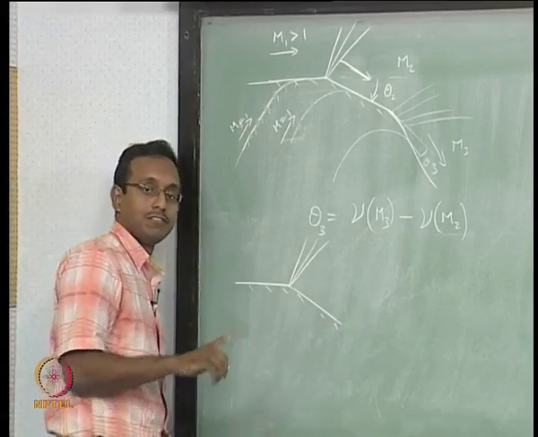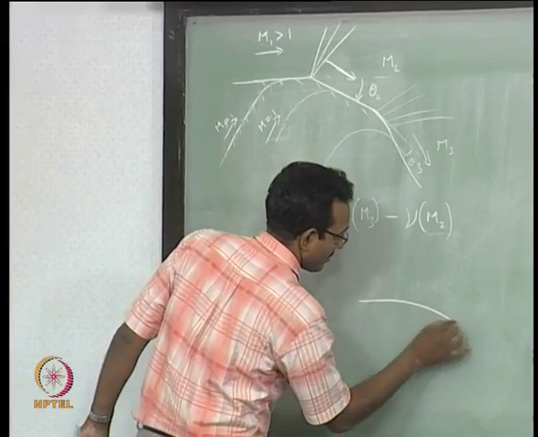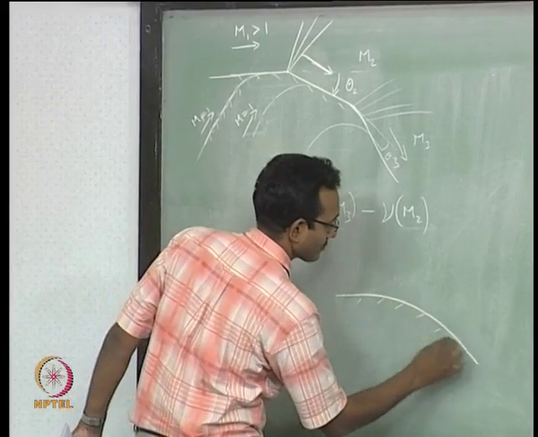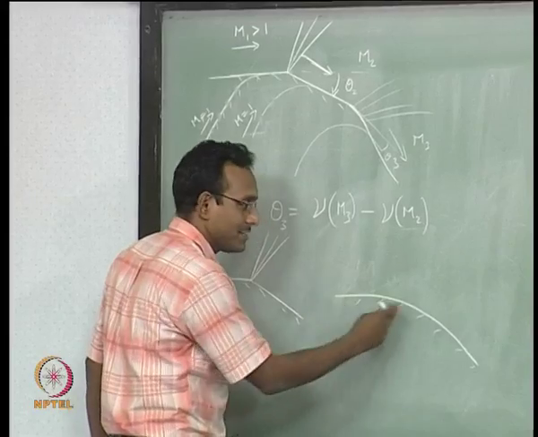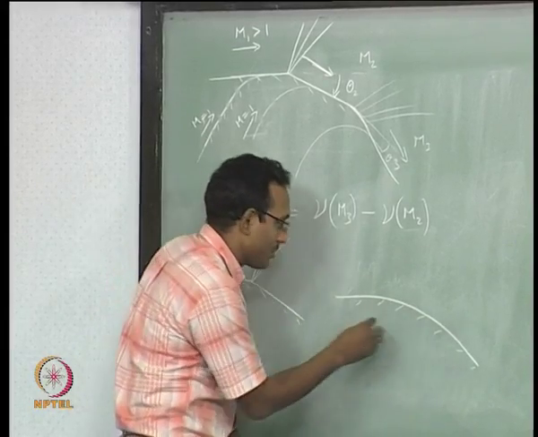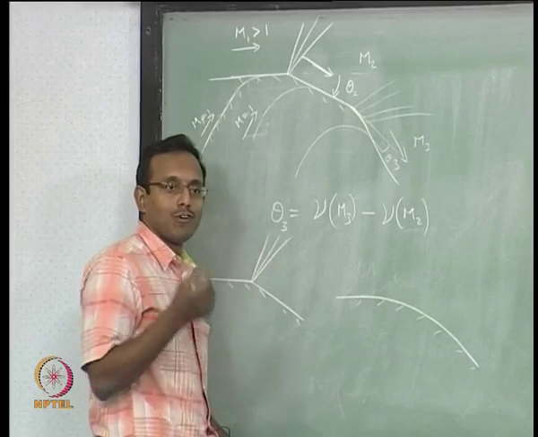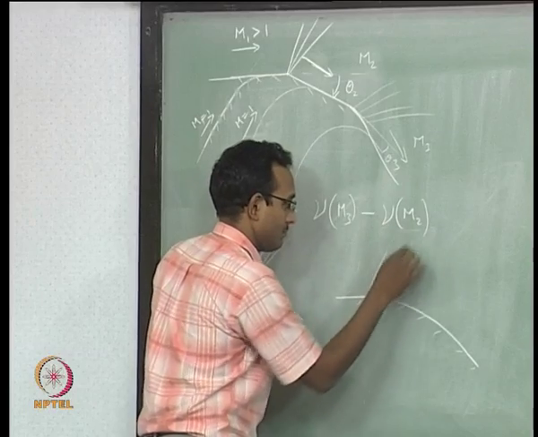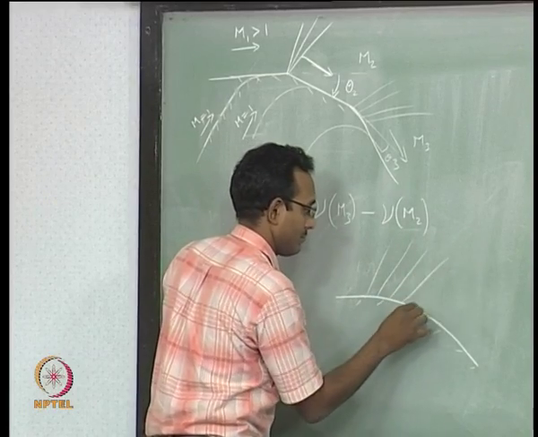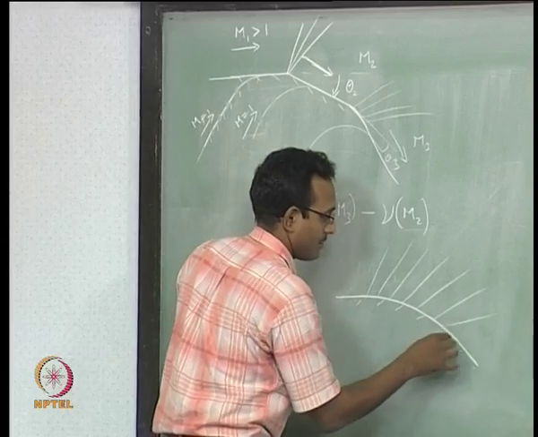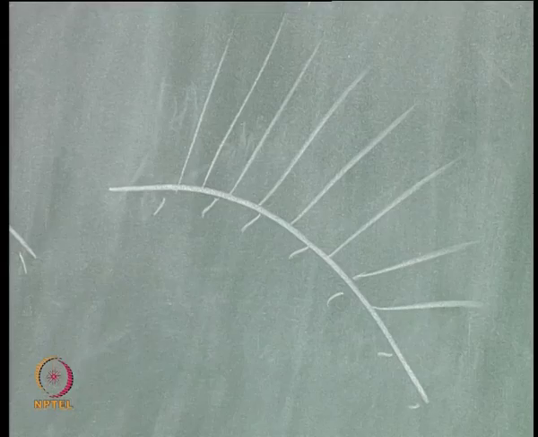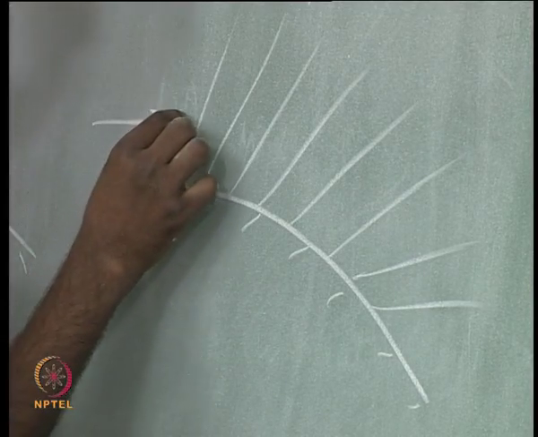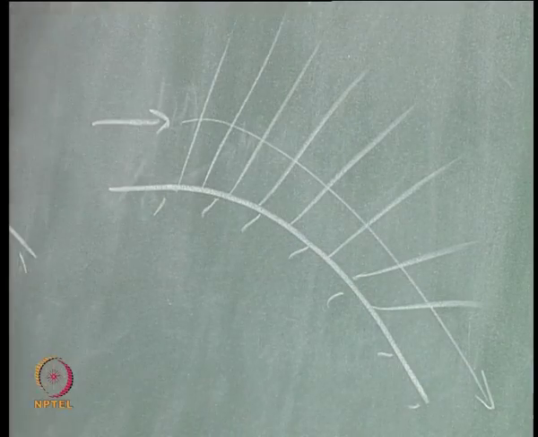If that is not the case and it is more like this, say the same angle deflection, then I can imagine this wall as a whole sequence of small deflections. For every tiny deflection, there will be one expansion wave. And now the flow is going to slowly turn to finally become that.